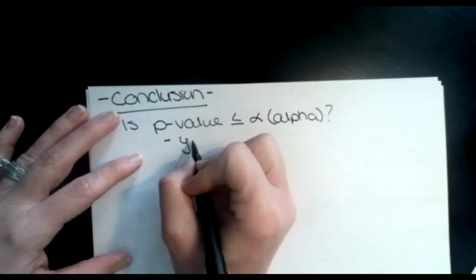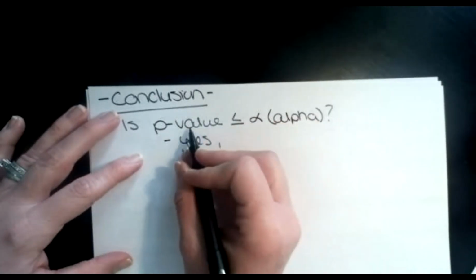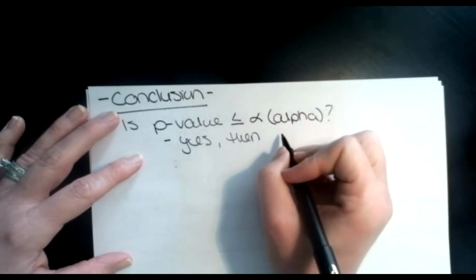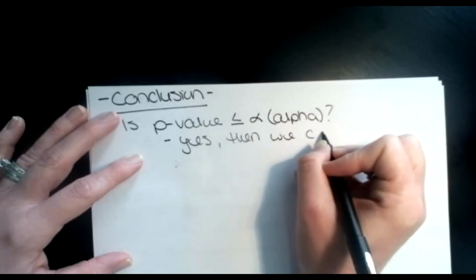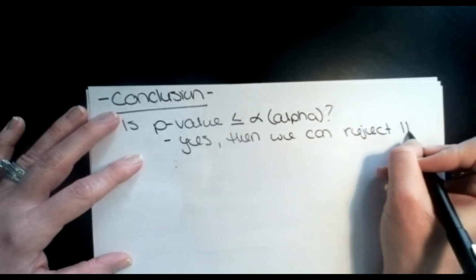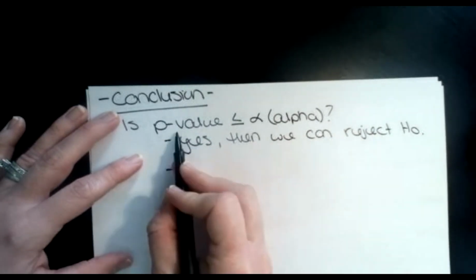If it's yes, so if my p-value is smaller than alpha, then we come up with a conclusion that we can reject our null hypothesis.